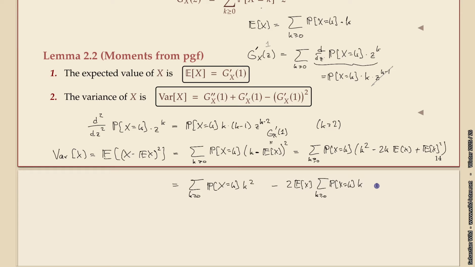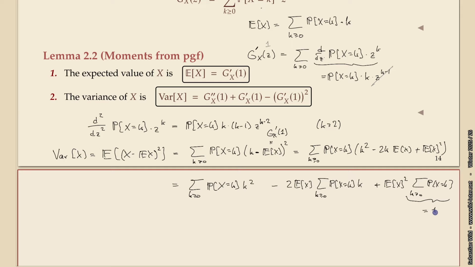That's a plus. And here, this is already easy. It's summing probabilities, so that's going to sum to 1. Okay, let me check.